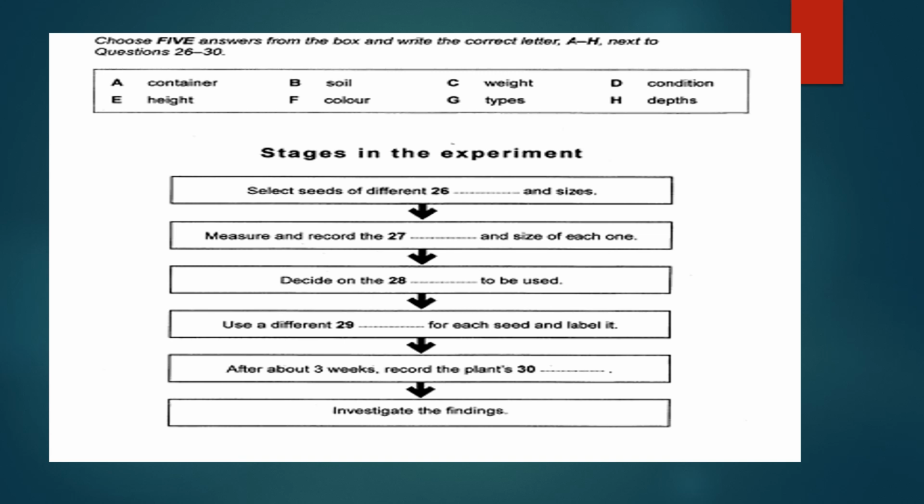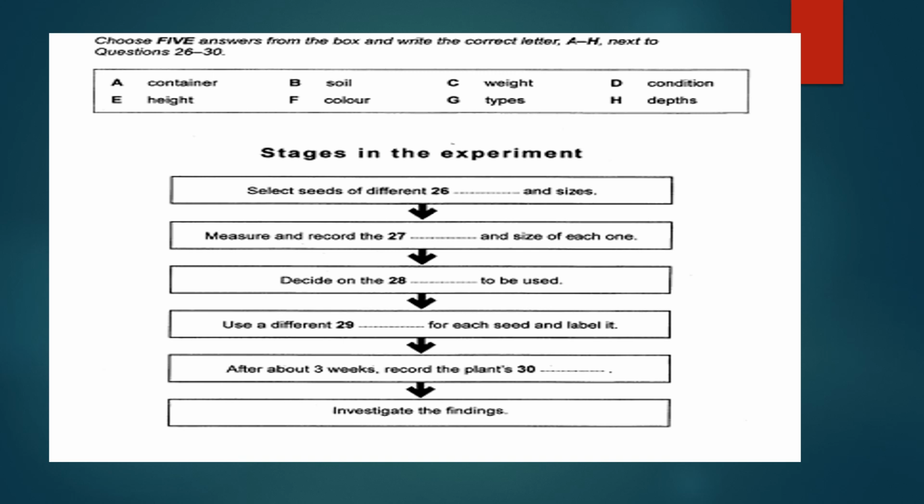So here is the box: container, height, soil, color, weight, types, condition, and depth. The stages in the experiment. So you have some time to read the questions. Just read them, underline the keywords, and then you can predict. Like here, I can fill the blank with the weight, with the types, or with the height.